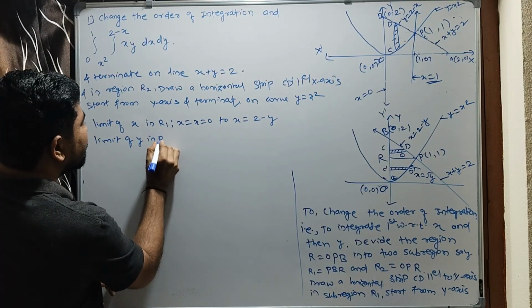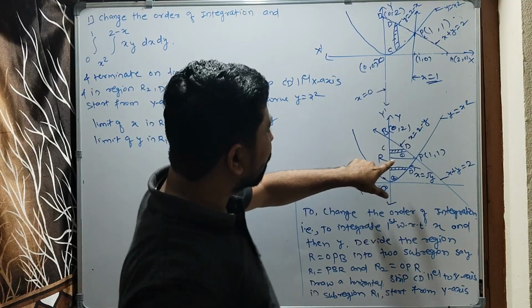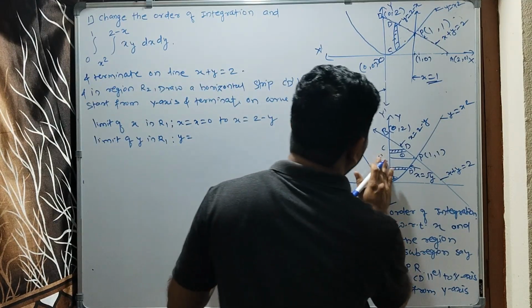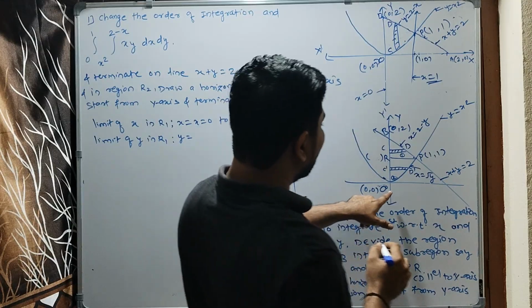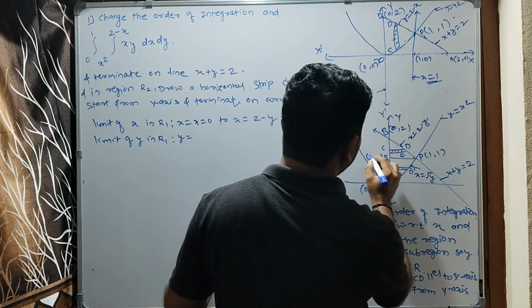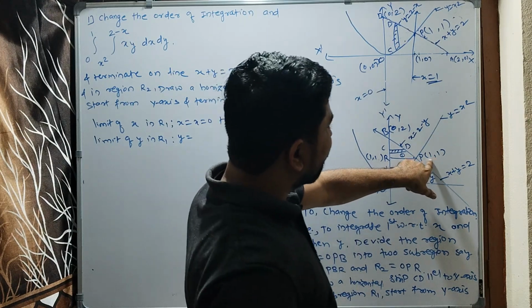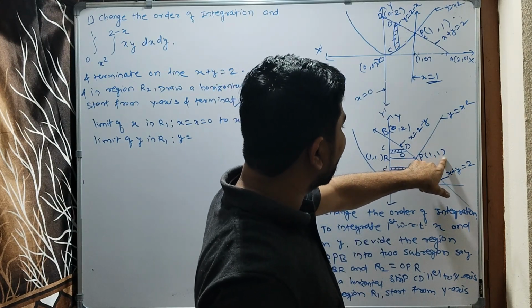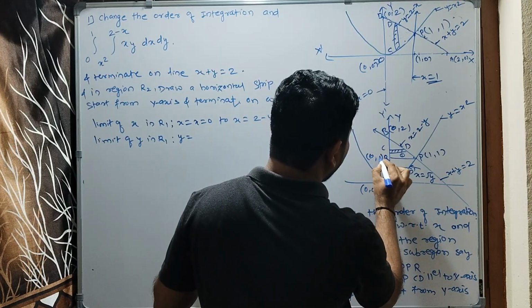And the limits of y in region R1: we have to know the point of intersection at this point. The point of intersection P is 1 comma 1, and at this other point x is 0 and y is 1.